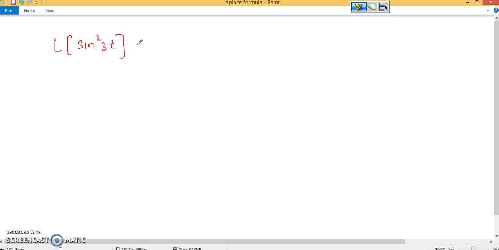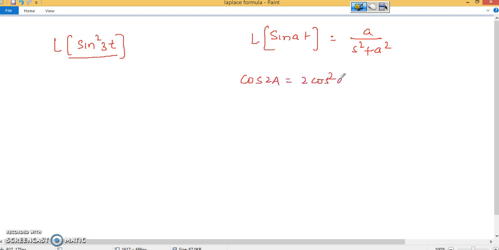Here we know that Laplace of sin of at is a by s square plus a square, but we don't know the square here. So keep one formula in mind, which you already studied in trigonometry: cos 2a is equal to 2 cos square of a minus 1, or 1 minus 2 sin square of a. These are very important formulas. Whenever sin square or cos square is there, you can use these formulas.